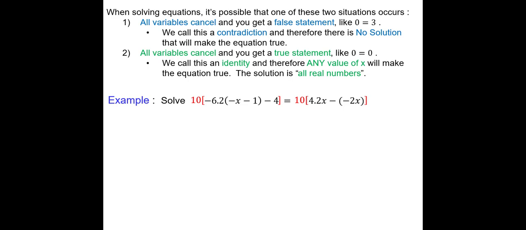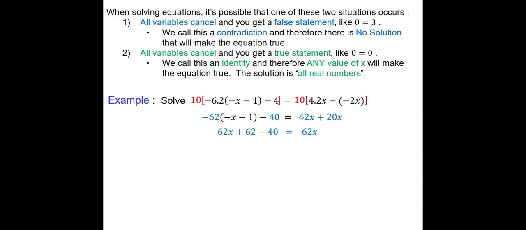So notice that 10 times -6.2 is -62, but we also have to multiply the 10 times the -4 on the left side of the equation, which gives us -40. On the right side, 10 times 4.2 is 42, so we get 42x. And we went ahead and said that negative gives me positive, so 10 times 2x is 20x.